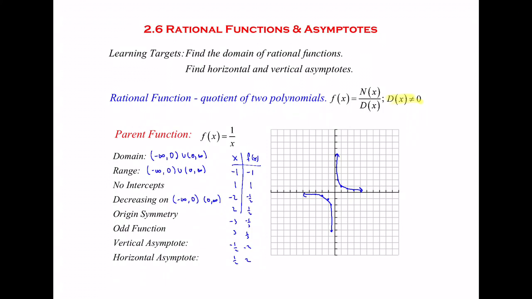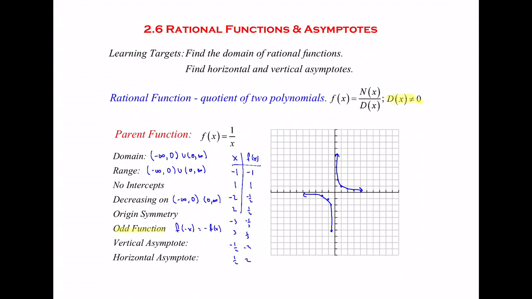It has origin symmetry, which means that it rotates around the origin 180 degrees, which also indicates that it is an odd function. So we remember from an odd function that f of negative x is equal to negative f of x.